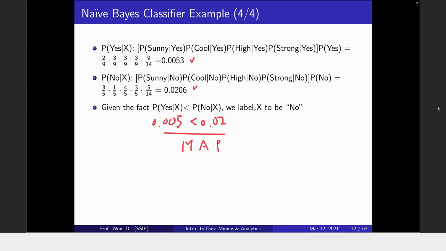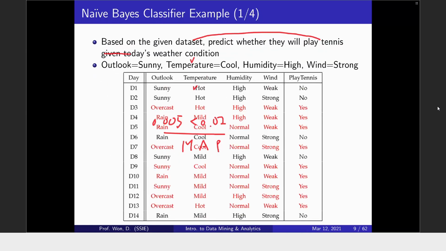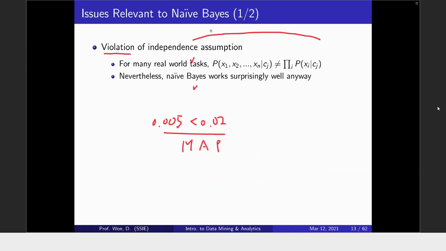Then my future label is going to be no. Okay, this is naive-Bayes classification. But calculating this using these equations can be done if and only if we have a strong assumption that all these four features are independent, and that's the naive-Bayes classifier.